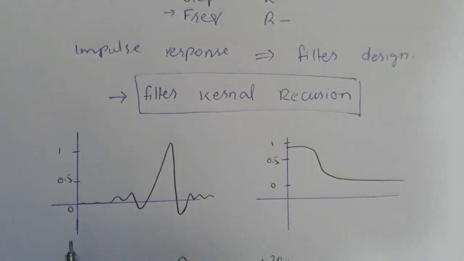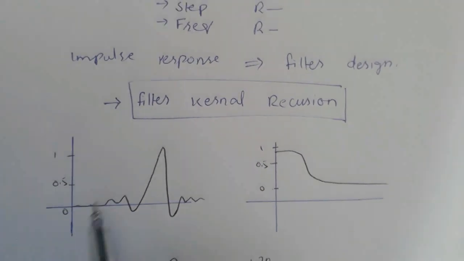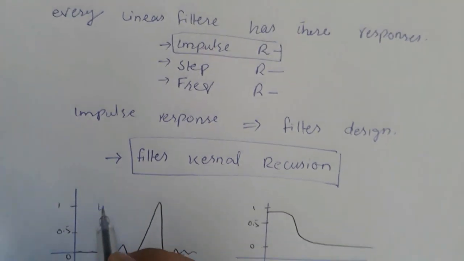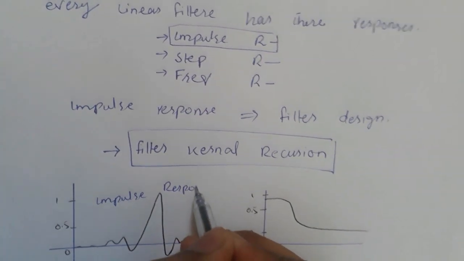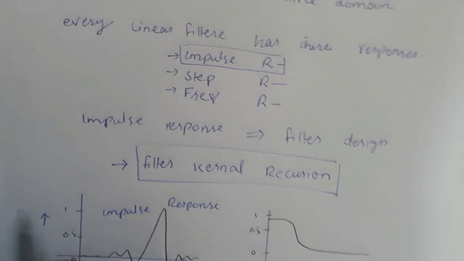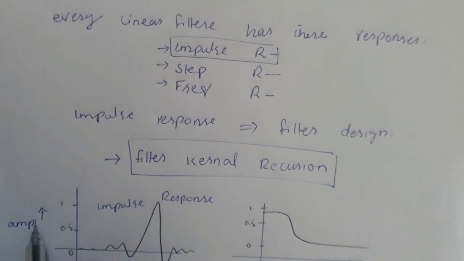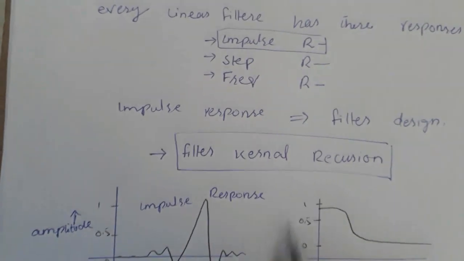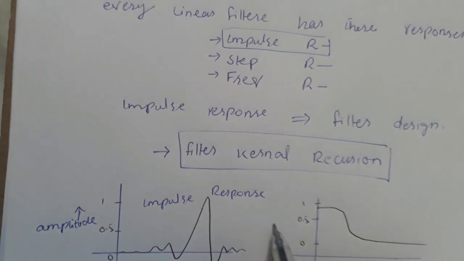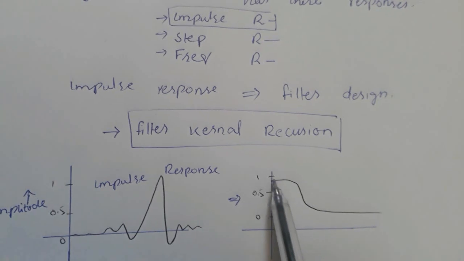So suppose we have a system which has this impulse response, and here this is the amplitude of that system. Whenever we want to see this system in the frequency response, then we see it this way.